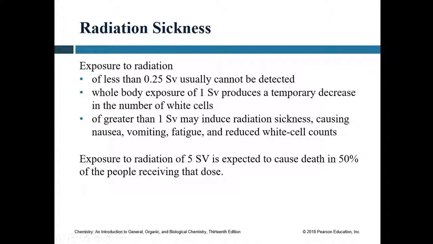Now, radiation sickness. Exposure to radiation of less than 0.25 sievert usually cannot be detected. But a whole body exposure of 1 sievert produces a temporary decrease in the number of white cells. If it's greater than 1, it may induce radiation sickness, causing nausea, vomiting, fatigue, and reduced white cell counts.